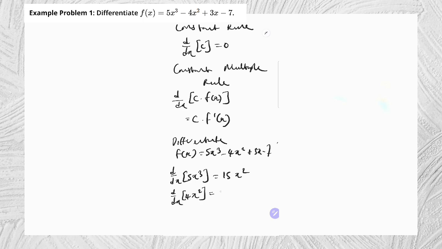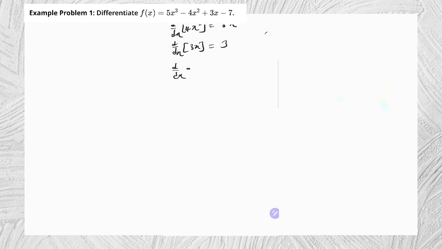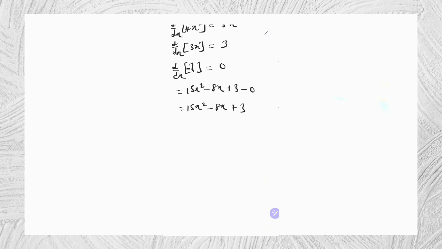Now, d dx of 4x squared will give you 2 times 4, 8, and 2 minus 1, 1. So that's 8x. Now, d dx of 3x will be 3, and d dx of minus 7 will be equal to 0. So when you combine the results, you are going to get 15x squared minus 8x plus 3.